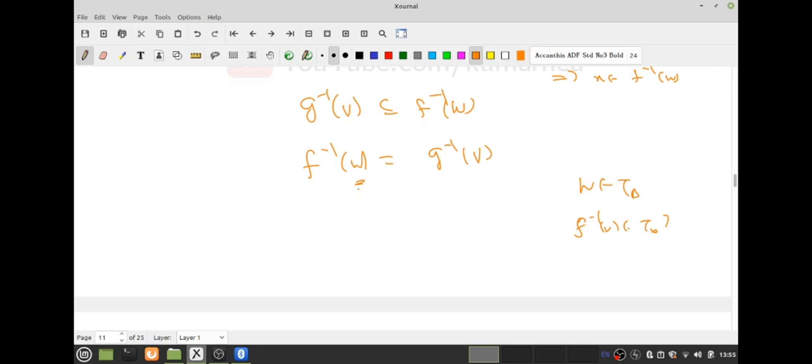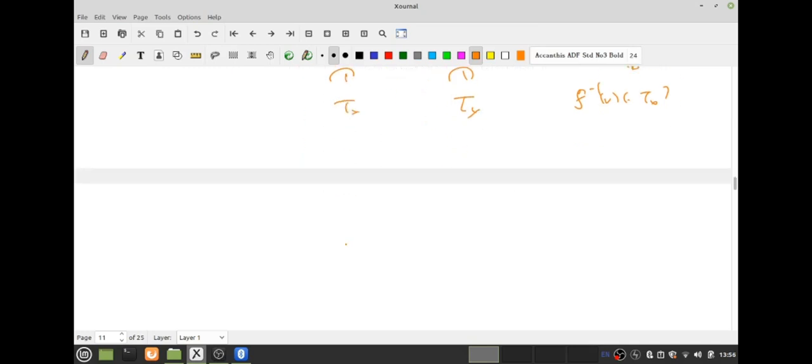I found out f inverse of w is nothing other than g inverse of v, where v is such that w is v intersection B. But g is continuous, v is in τ_Y, therefore this is open in τ_X. Therefore this is in τ_X. Please pause, review, proceed.